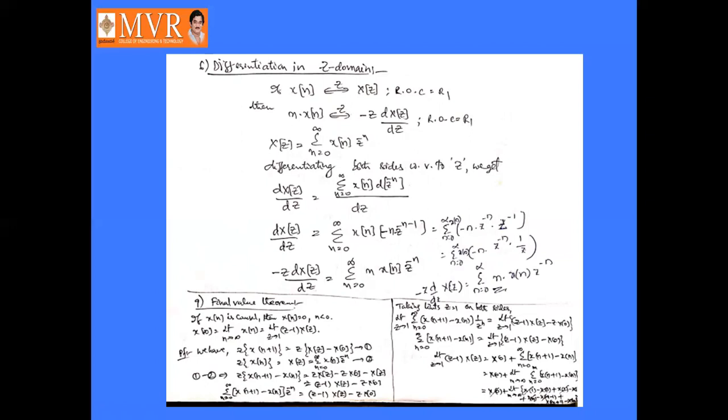So it will become n into x of n into z power minus n minus 1.